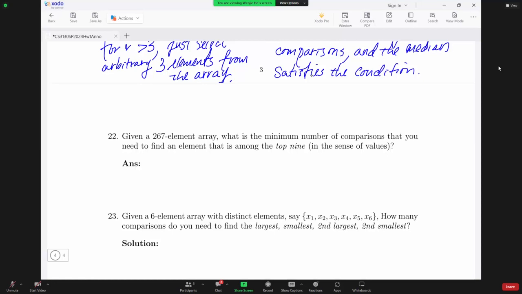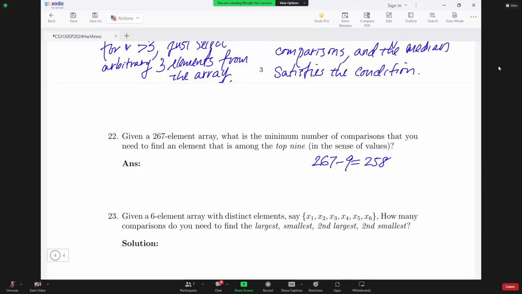All right, so here, because the top 9, that means that element eliminates all the other elements other than 9 elements. So we need to do the calculation. 267 minus 9 equals 258.